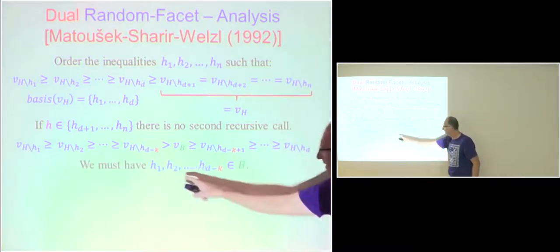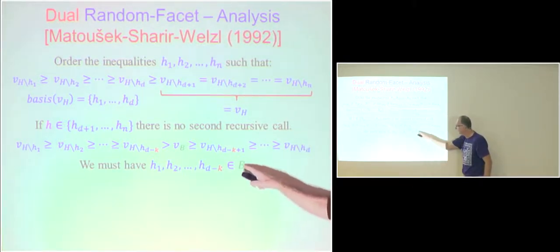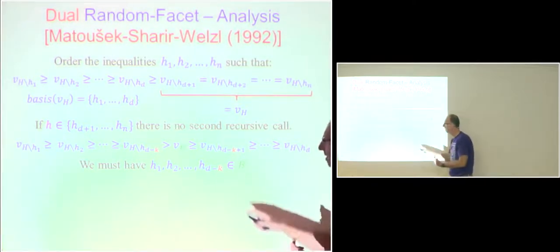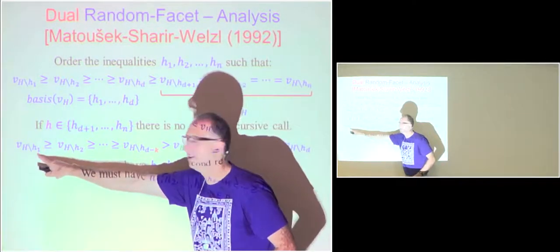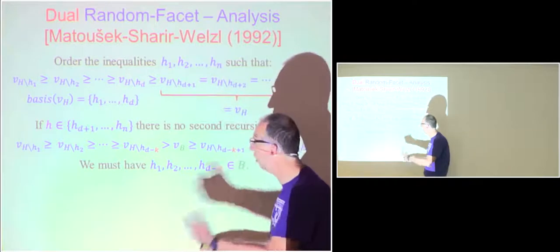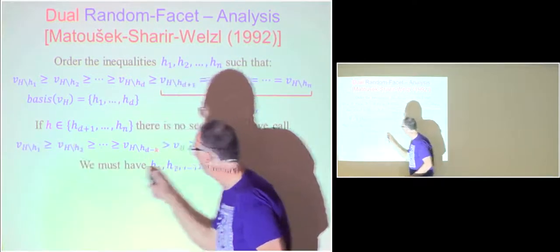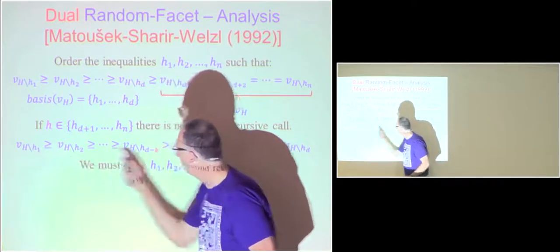So these inequalities, h1, h2 up to h d minus k, must be in our current basis B. For example, if we didn't have h1, then the optimal solution is this vertex, and B would be a subset of H minus h1.